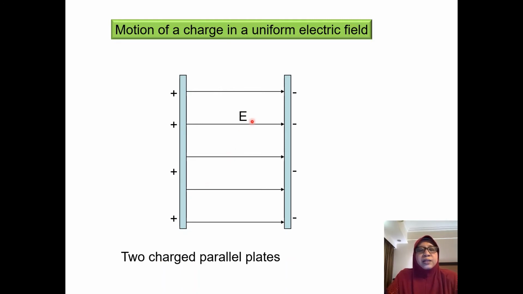So let's say E, electric field, and then if we put a positive charge Q here, the charge will be attracted to the negative plate, while for the positive plate the charge will experience a repulsive force, repulsive force here and attraction force there. So this charge will move towards the negative plate.